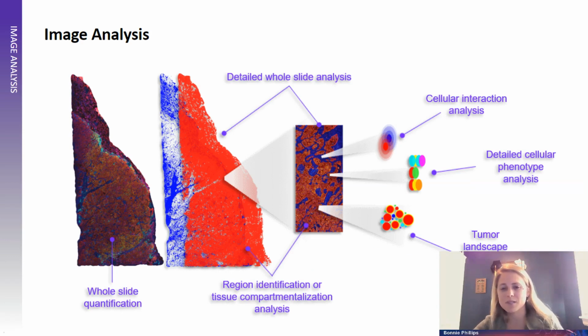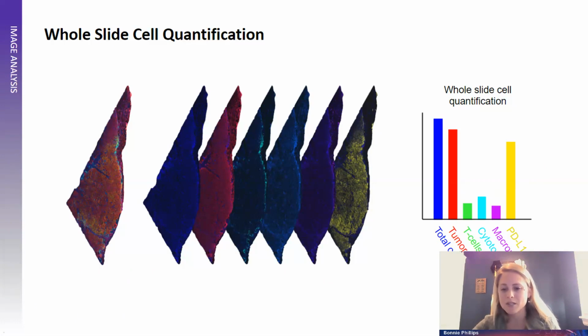And then, of course, with this information, can go on to perform image analysis, whether it be just general whole slide quantification, whether more detailed phenotyping is required, whether we want to compare tumor versus non-tumor, or even get more in depth into spatial interactions with different cellular phenotypes.